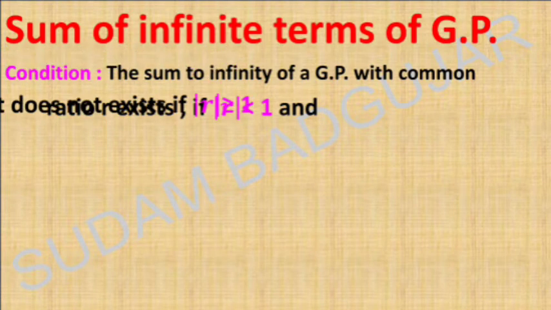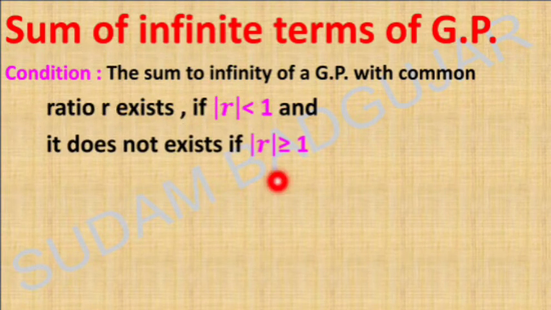Otherwise it does not exist. It means the sum to infinity of GP does not exist if the absolute value or modulus of R is not less than 1, that is, greater than or equal to 1.